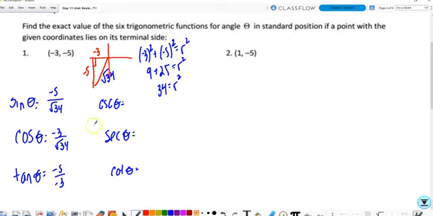And now let's fix these up. Square root in the denominator, I'm going to rationalize that, and we get -5 root 34 over 34. Same thing here. And then negative divided by negative is positive.